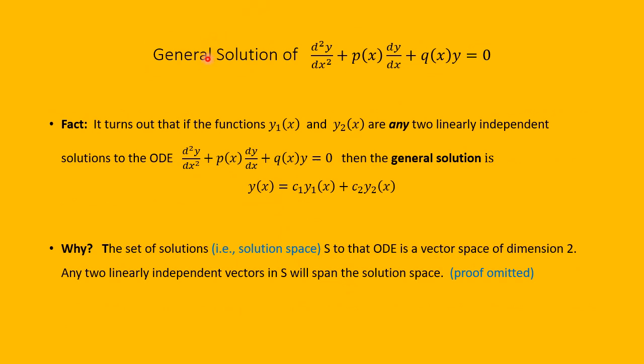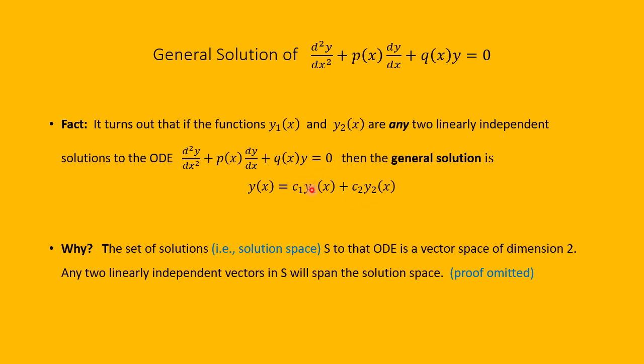Now, we're going to say something more about the general solution of this differential equation. It turns out, and we're not going to prove it, that if you have any two functions, y sub 1 and y sub 2, that are solutions to this differential equation up here, and they're linearly independent, then the general solution can be written as y of x equals c1 y1 of x plus c2 y2 of x.